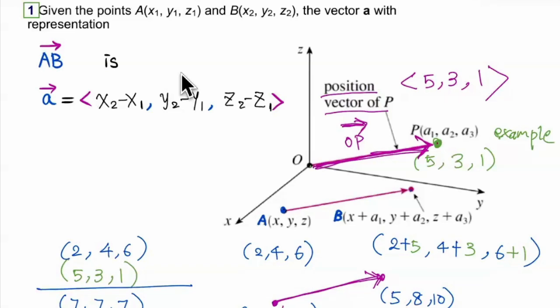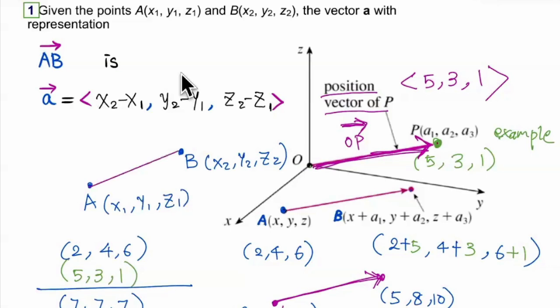So just remember, if you have A and then B, with B as x2, y2, z2 and A as x1, y1, z1, then the vector is x2 minus x1, y2 minus y1, z2 minus z1, for each component of this vector.